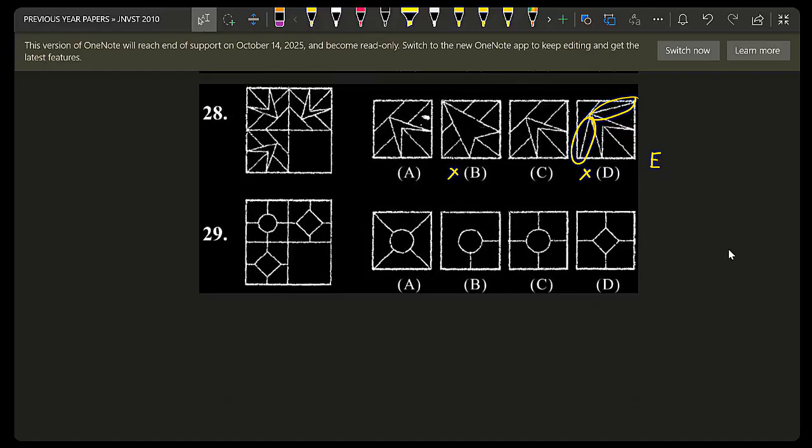29. These two are diagonally matching. For diagonal matching, this will come here. Which of the options is correct? So option C, 29, option C. And 30.